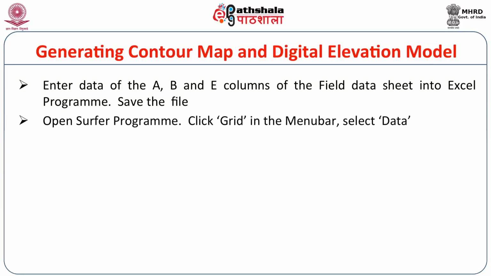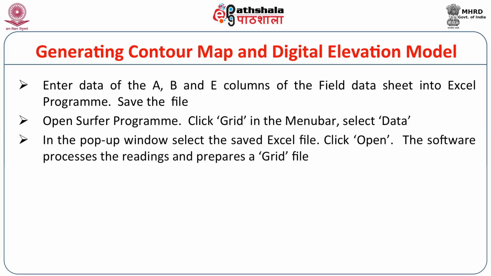In the Surfer program, if you click grid in the menu bar, then a drop down menu will come. In that, you have to select data. In the opened window, we have to select the file that we have prepared in Excel, and then click open. When we click open, it prepares a file known as a grid file.